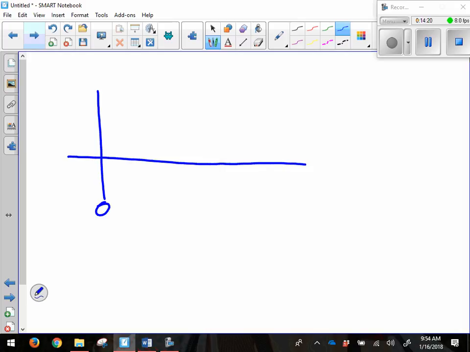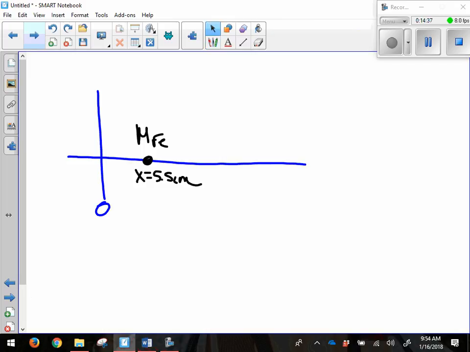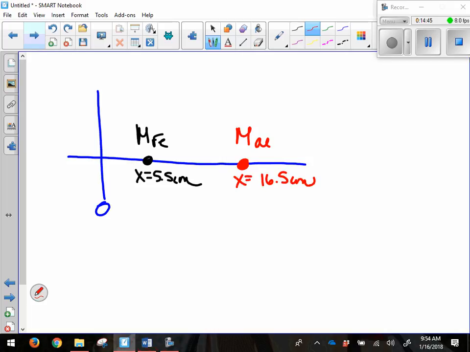So now I can think about the problem like this. Here's my origin. Here's going to be my mass of iron at x equals 5.5 centimeters. Here's going to be my mass of aluminum at x equals 16.5 centimeters.